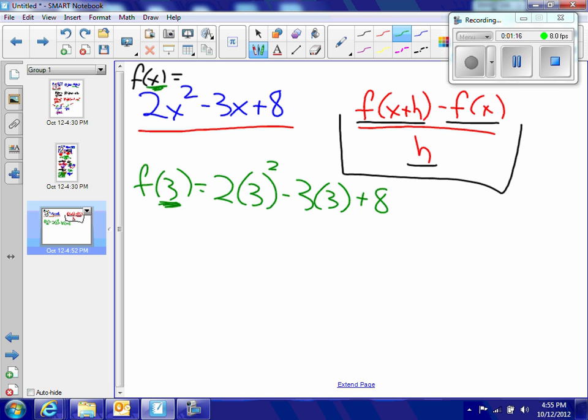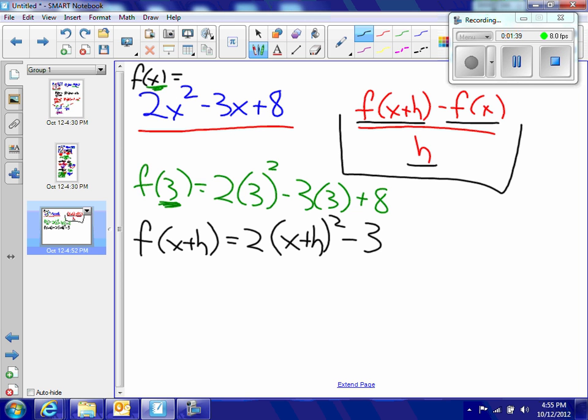We are evaluating the function at the point 3. Well, I don't want f of 3. I want f of x plus h. But we can follow the same process. I would go 2 times, instead of 3, x plus h squared minus 3 times x plus h plus 8. So that is what f of x plus h is all about.